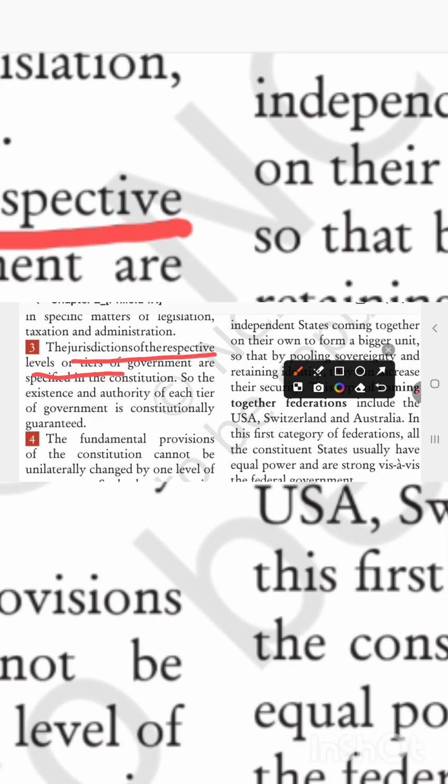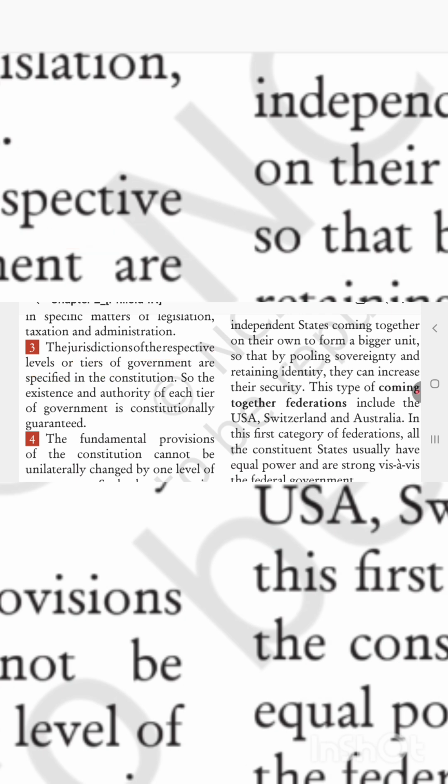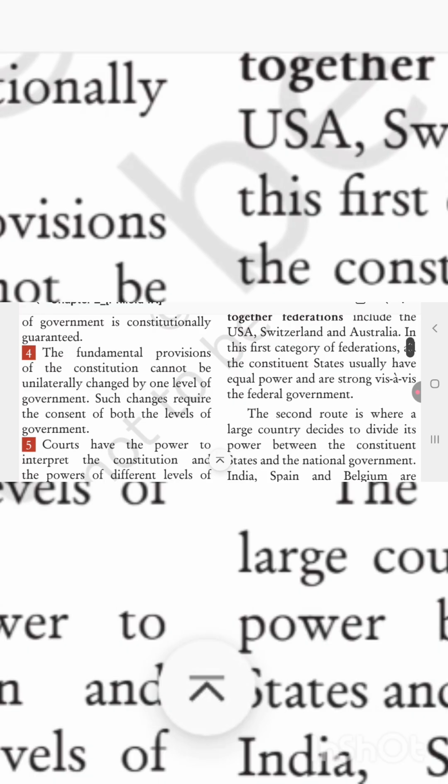And no one can declare them as unconstitutional, because they have been given constitutional status. Now move to the fourth point. The fourth point is that the fundamental provision of the constitution cannot be unilaterally changed by one level of government. If there is any fundamental provision, it cannot be changed unilaterally.